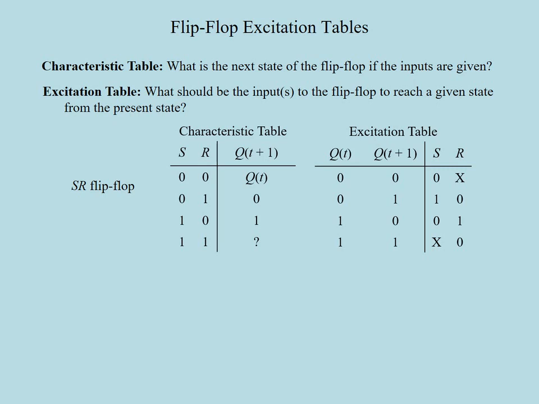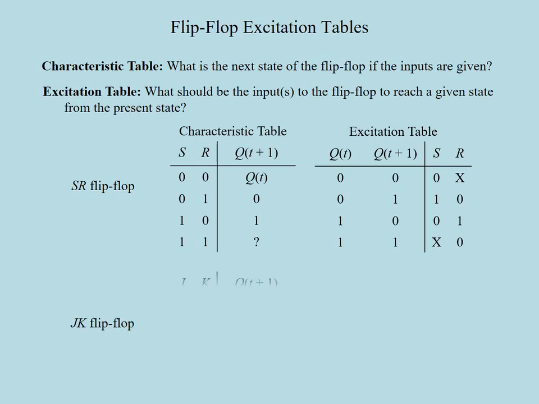Therefore, the R input can be taken as a don't care condition for this transition. Other lines of the excitation table can be found by substituting the relevant value of Q of t in the characteristic table and finding the input values for the lines where the desired next state appears.